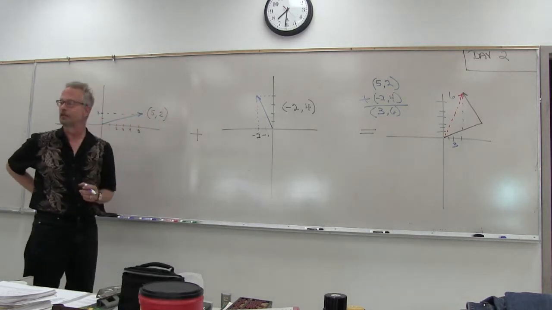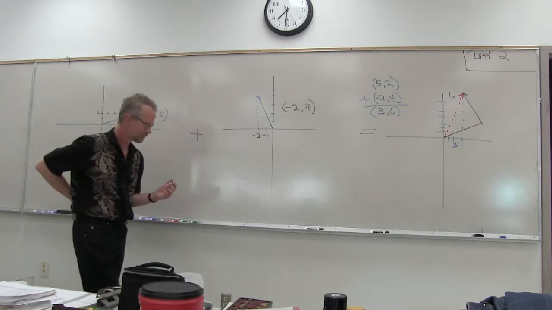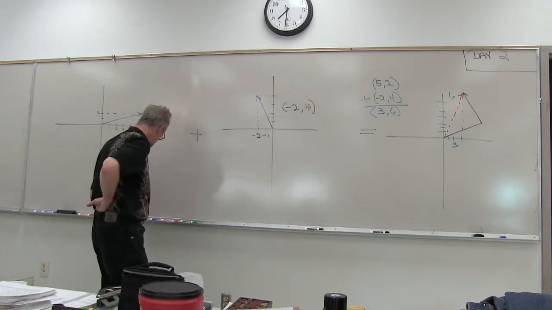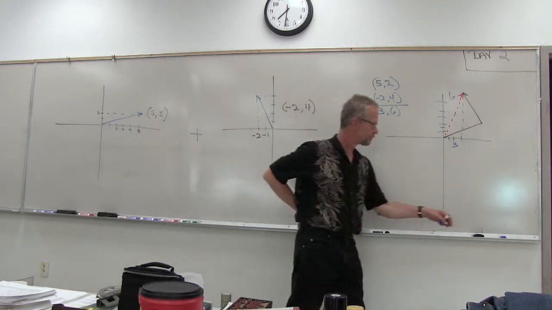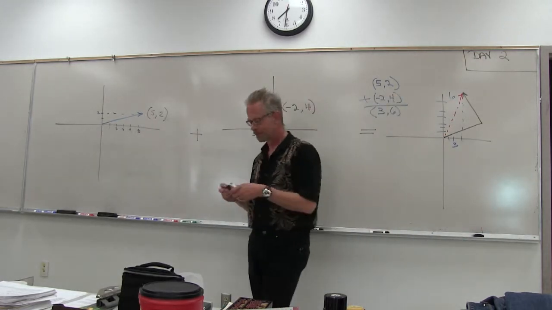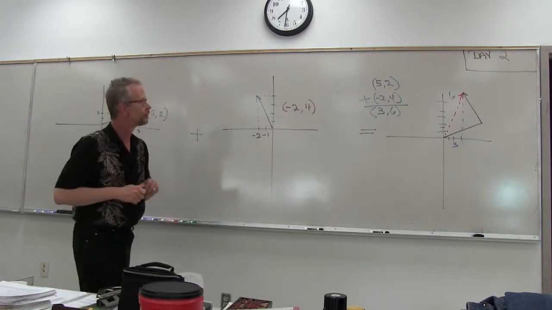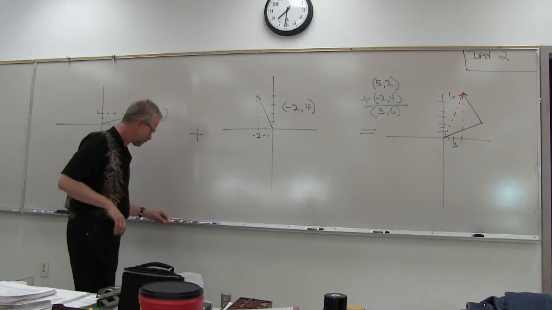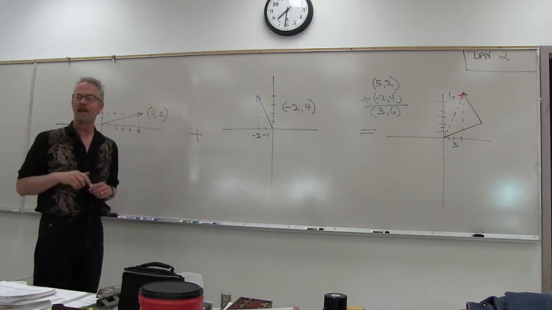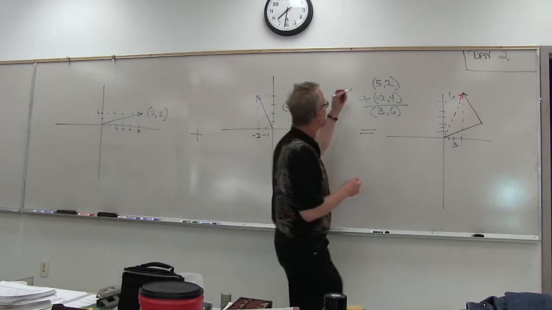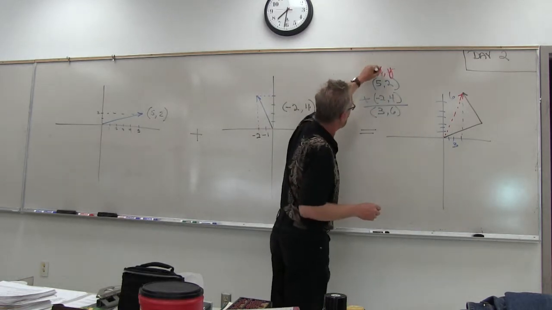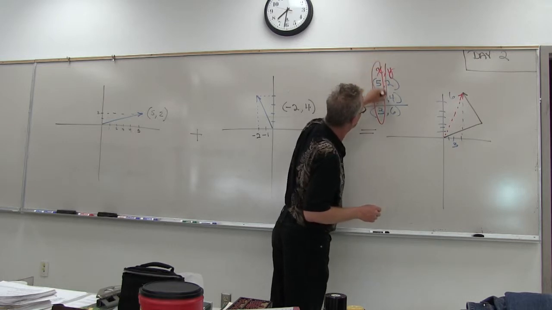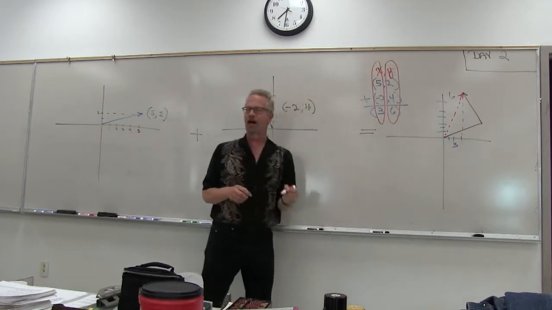So what did we do? First you determine the first vector, and then determine the second vector, and then you add them. But when we added, did you notice that this represents x, that represents y? We added all of the x's together, and we added all of the y's together.